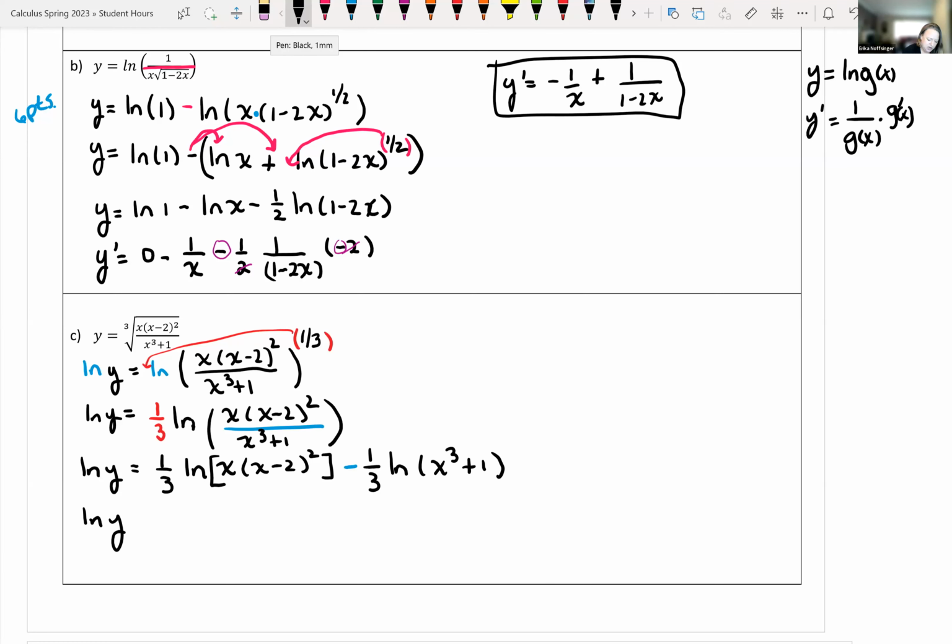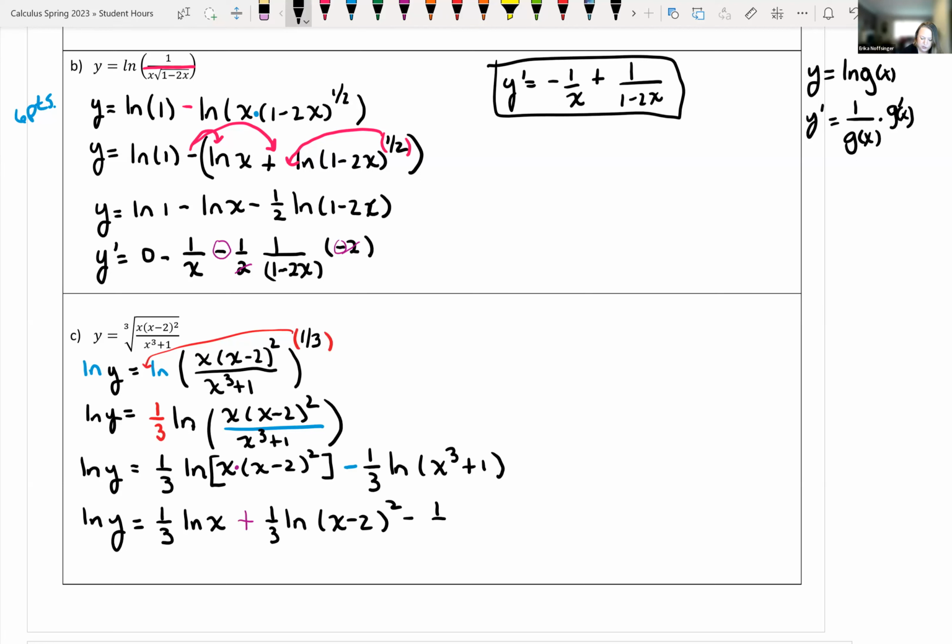So bringing down the natural log of y, that first natural log, notice that we have multiplication between that x and the x minus 2 quantity squared. So we're going to write that using properties of logs. And multiplication, we rewrite as addition. So we have 1/3 natural log of the first piece x plus that 1/3 would have distributed. So 1/3 natural log of x minus 2 quantity squared.